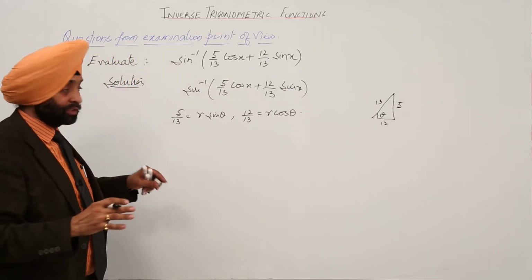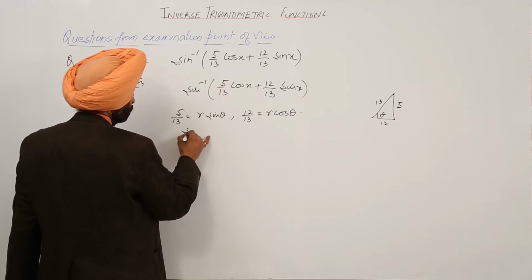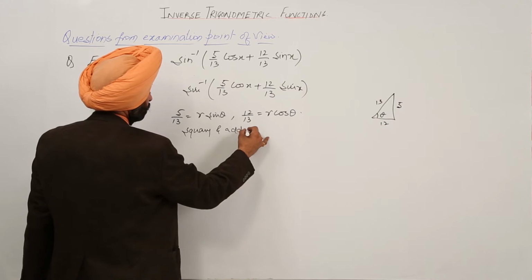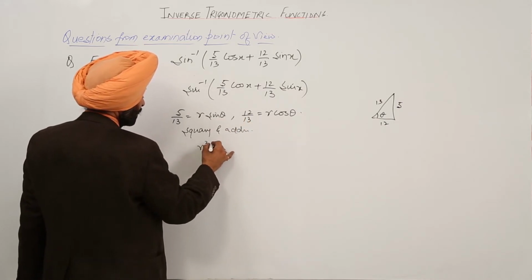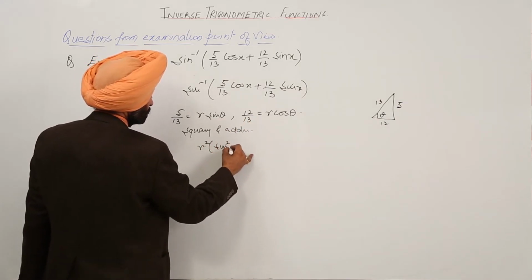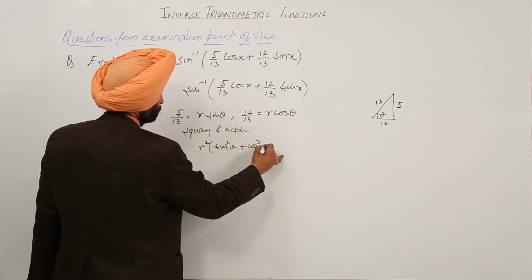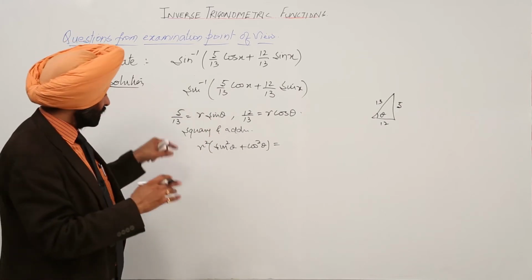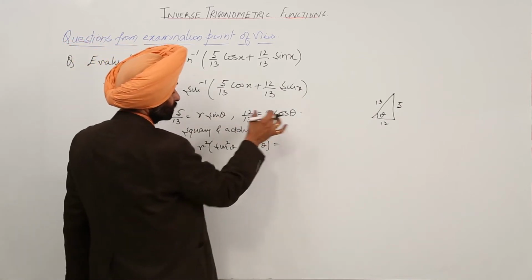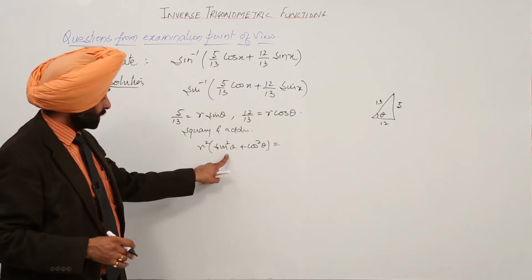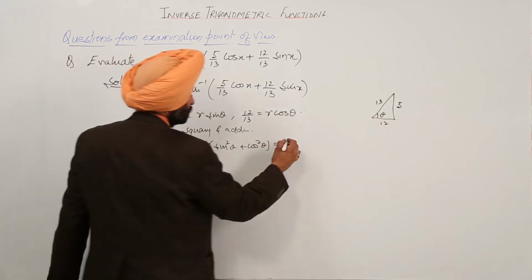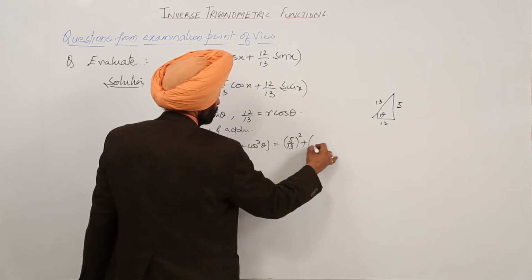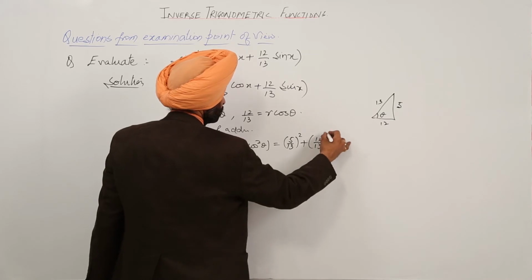Squaring and adding, r square sin square theta plus r square cos square theta, which we can write as r square times sin square theta plus cos square theta, is equal to 5 by 13 whole square plus 12 by 13 whole square.